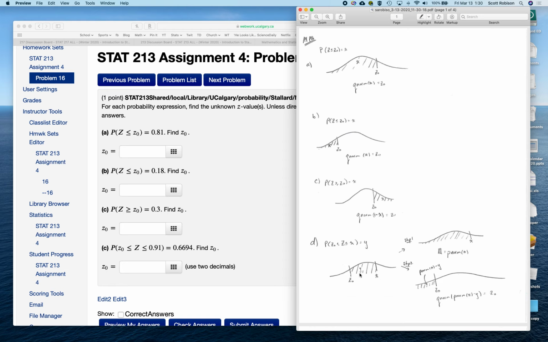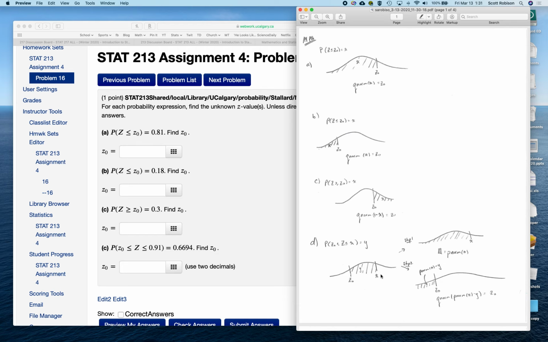So here, in this case, between z naught and 0.91, I have 66.94% of the area. What I really want to do is find this value here. I'm going to have to do this in a two-step process.